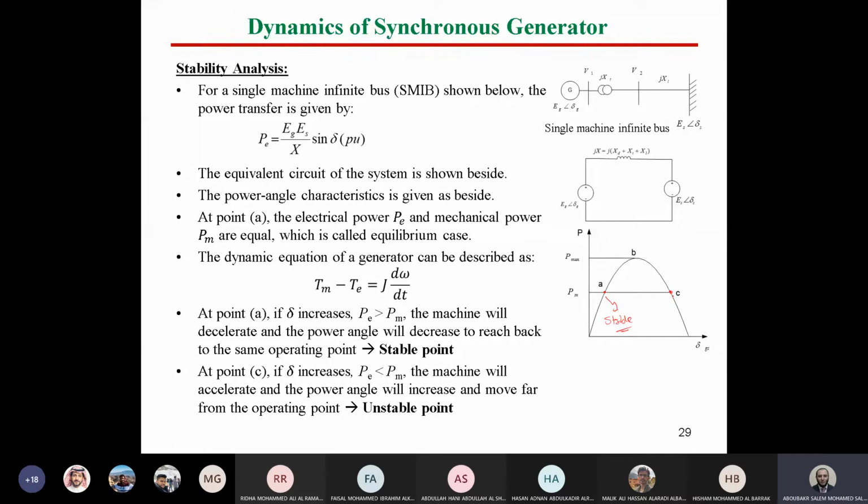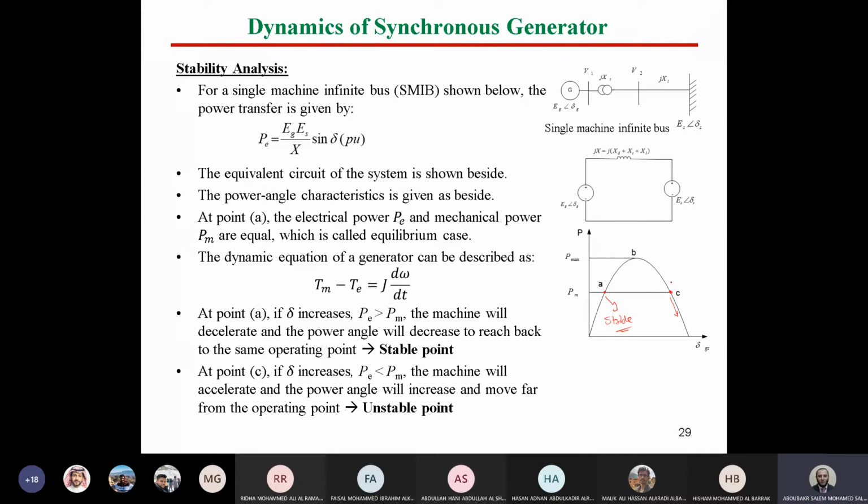You will find that increasing delta here will make power electrical smaller than power mechanical, so d omega by dt will increase, which will accelerate the machine. Accelerating the machine will increase the power angle, which means the power angle will go more in this direction. So this point is called an unstable point.